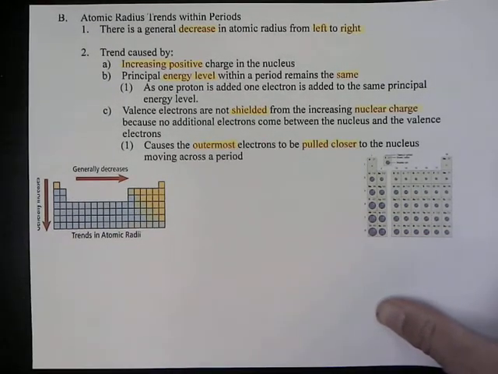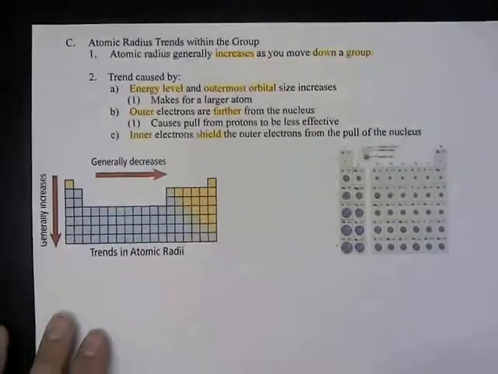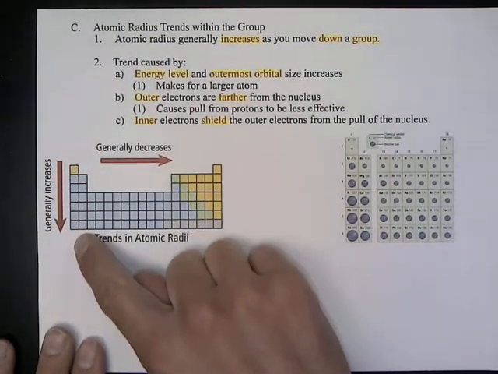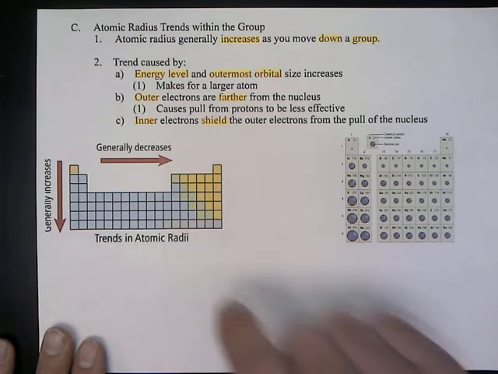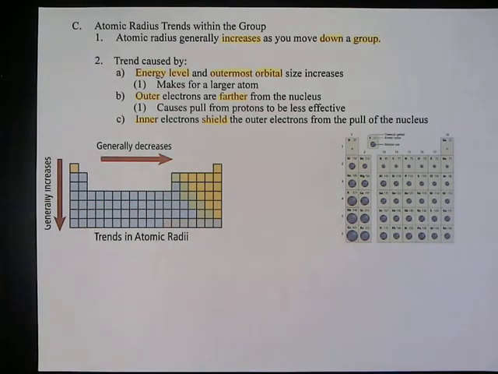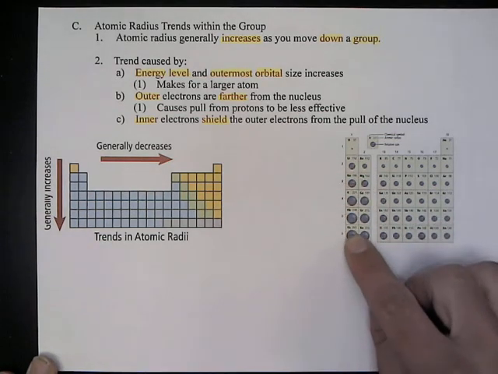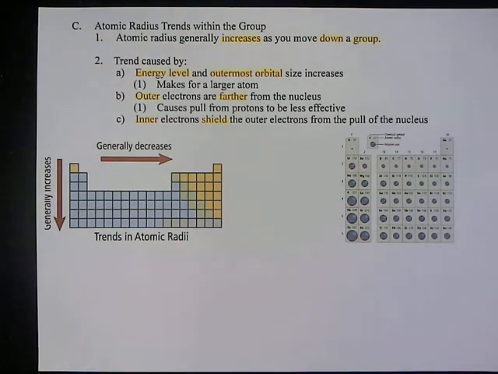Now, with a group, as we move from top to bottom, our radius is going to increase. The biggest reason for this increase is that as we go further and further down a group, the energy level keeps increasing.